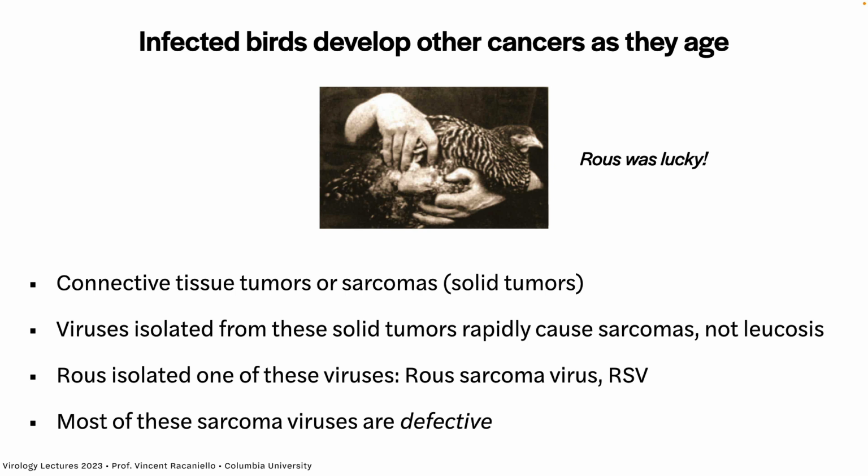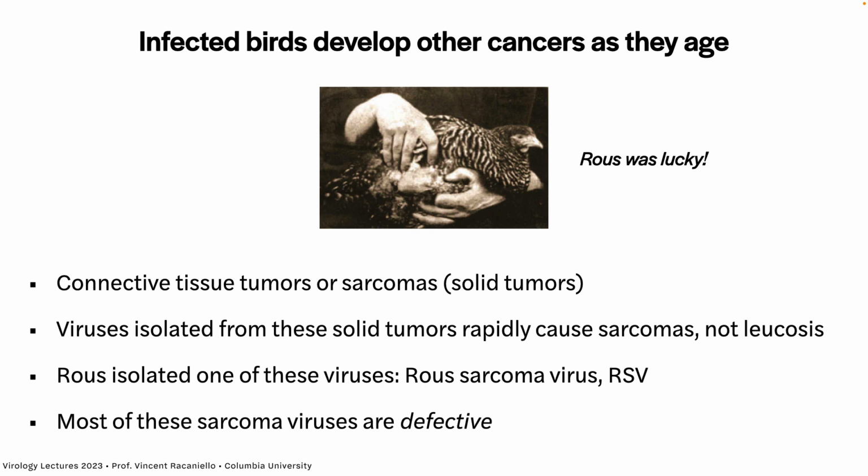And if you take the virus from those solid tumors, as Rous did, and put it back into a chicken, you get a solid tumor. You don't get a leukemia, even though, as I will show you, these are derived from avian leukosis virus. And one of the viruses that Rous isolated, Rous sarcoma virus, is the causative agent of a solid tumor. So in aged chickens, they're developing these solid tumors.